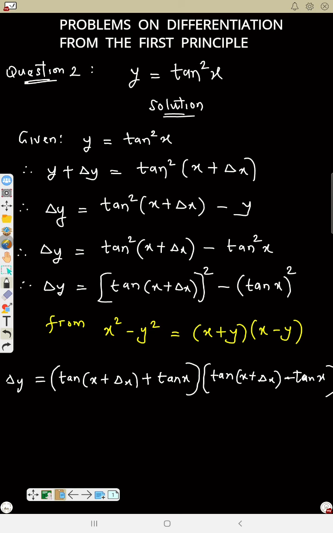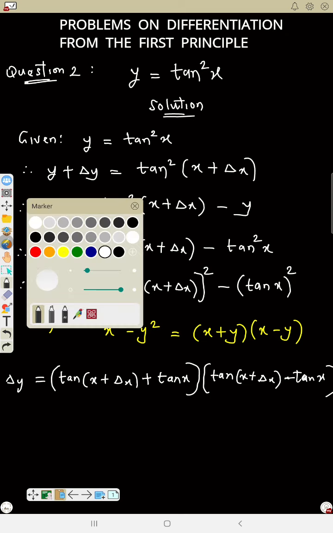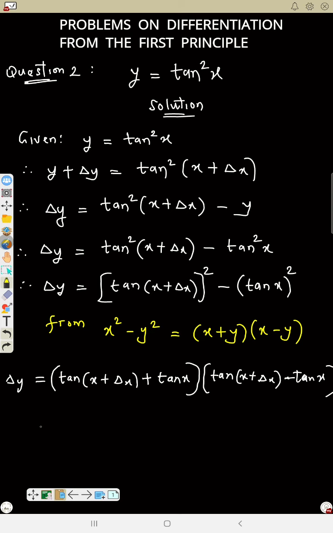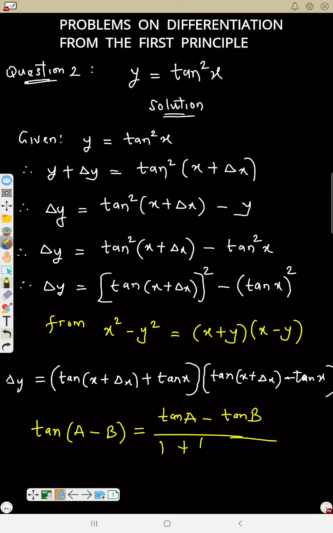Now from here, in trig identity, note this identity, that tan a minus b is equals to tan a minus tan b divided by 1 plus tan a tan b.